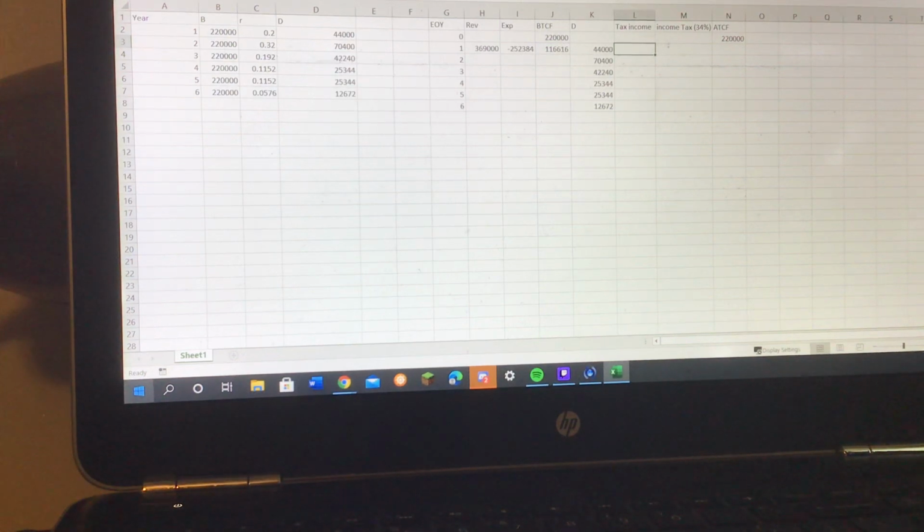Again, we already have depreciation, so next will be our taxable income, 72,616. Income tax, so that's being taken out. I could just have that calculated. Easy enough. Okay, this will be much easier.